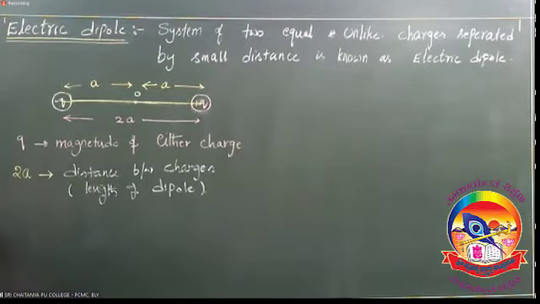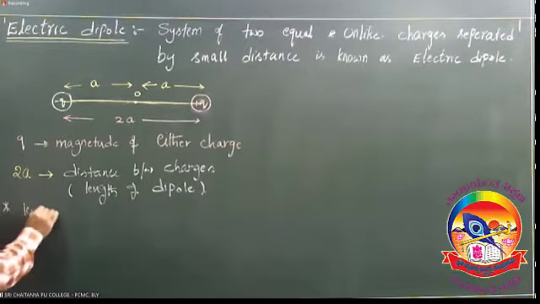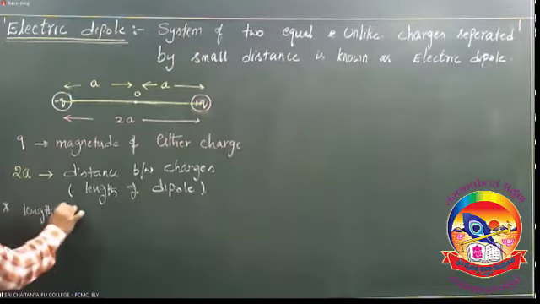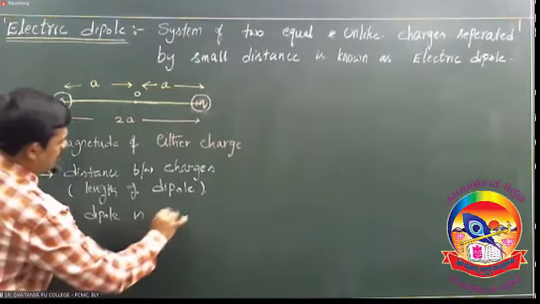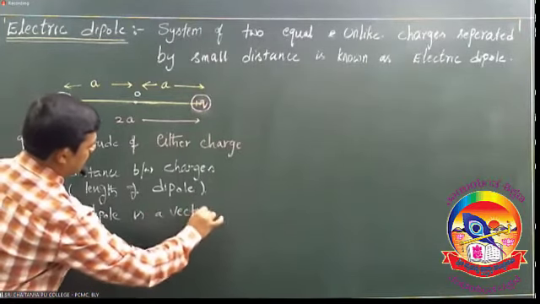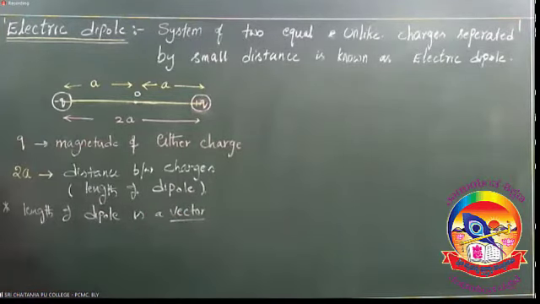Next. See, this length of the dipole is a vector. Length of dipole is a vector. Once it is a vector, what is its direction?